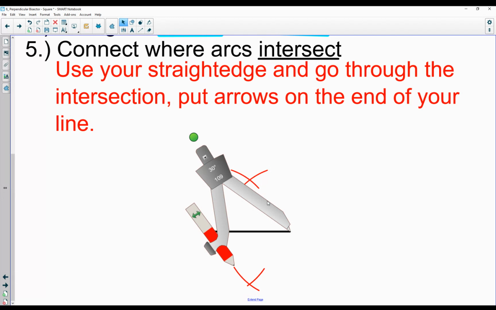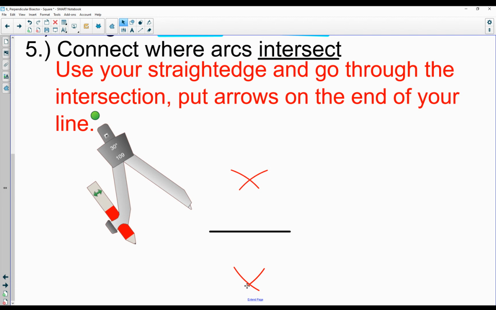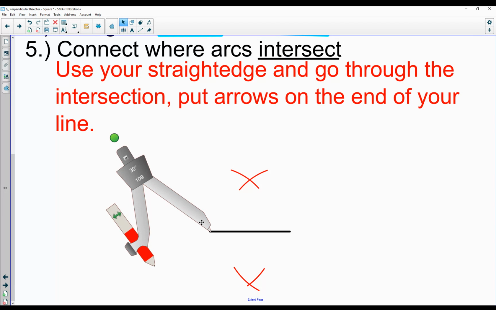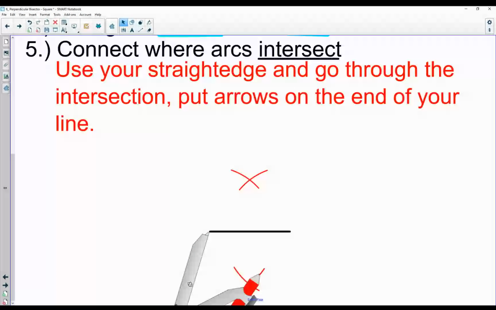Now take a look, I did this on purpose. You see how it just crosses? Very well, your first arc might be too small. You could always go back and you can make arcs longer. So if I had to, I could have made this arc longer by going back, okay?